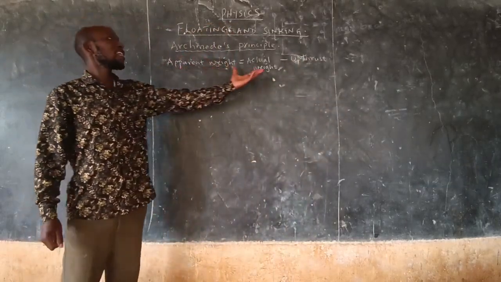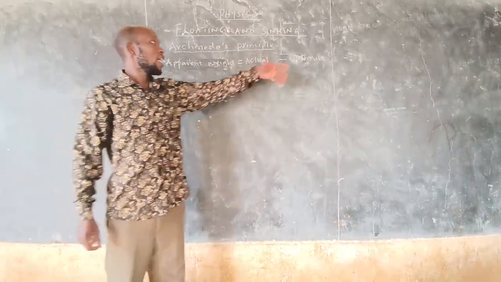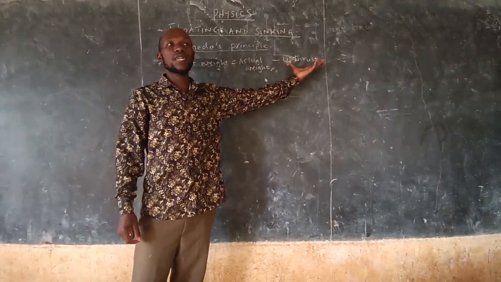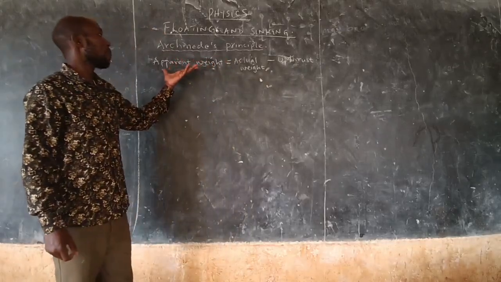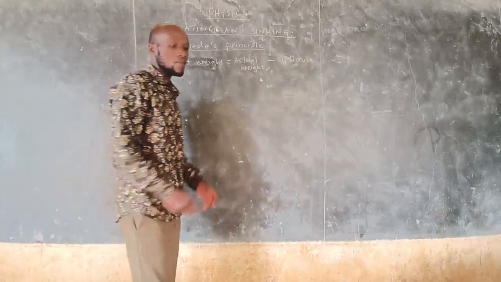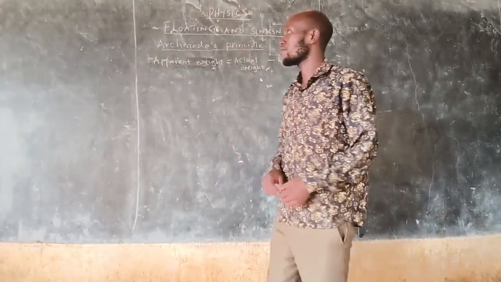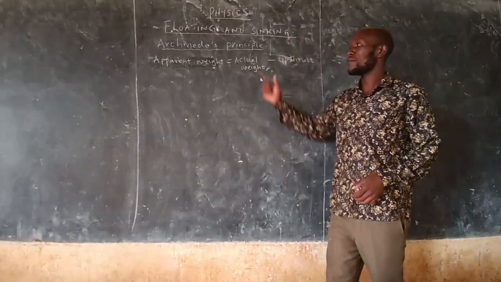Therefore, if we have the actual weight of an object that is immersed in a fluid, you compute the upthrust in that fluid, then you will be able to get the apparent weight for that object. Now, let us look at an example on how we apply this formula.